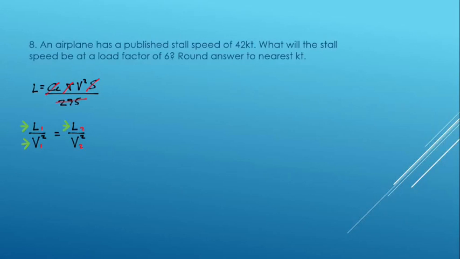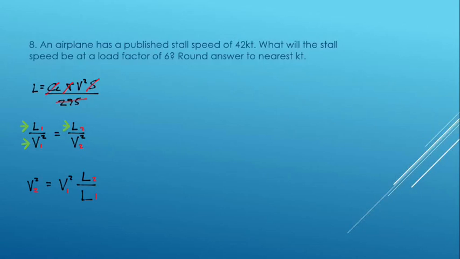We set this up. We have for the first condition that it has to be equal to the second condition. Unknown in the second condition is the velocity. Algebraically manipulate the formula to isolate velocity condition 2.